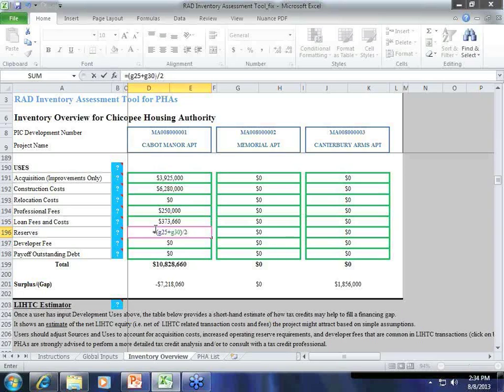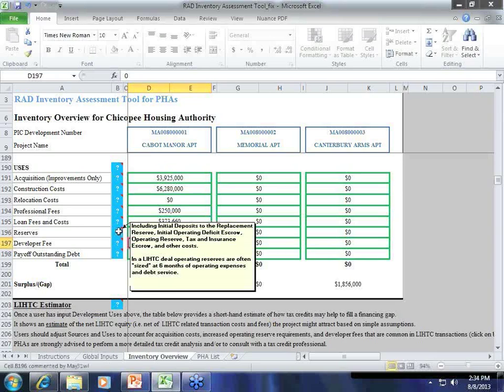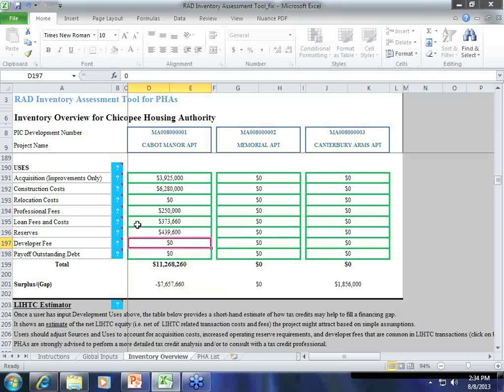So that's the operating expenses and the debt service from up above divided by 2, so that you get 6 months of those instead of a full year. We all right so far, Will?